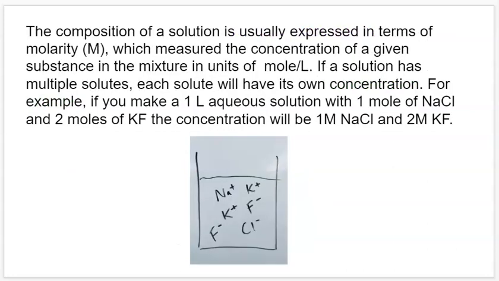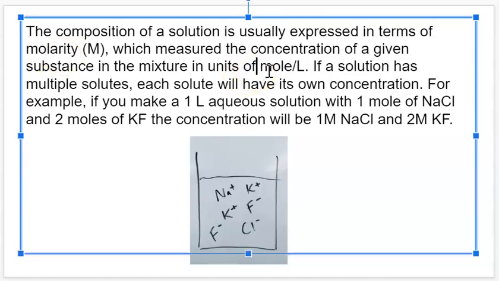So we talked a lot about this in section 1.1 at the very beginning of the school year, but the composition of a mixture is usually expressed in terms of molarity, which is a unit of concentration of the amount of solute per amount of solution, so the amount of things dissolved per volume of the medium in which it's contained. And this is usually measured in units of moles per liter.